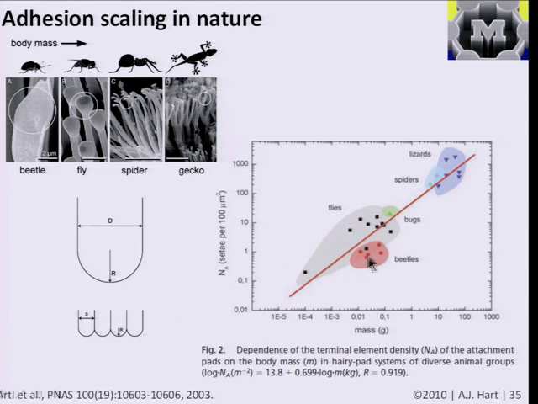And looking over a bunch of organisms, beetles and flies and spiders and lizards, with a mass from beneath a milligram, a thousandth of a gram, up to 10 to 100 grams, the number of these little adhesion devices per unit area, per 100 square microns, increases. So to support more mass, to give more total area, you need a larger number of smaller fingers.